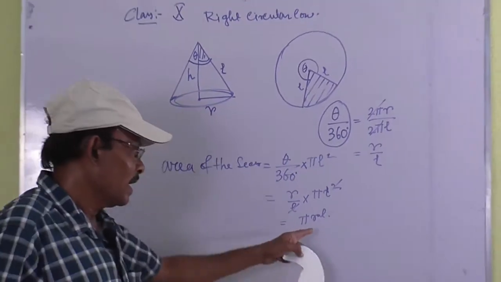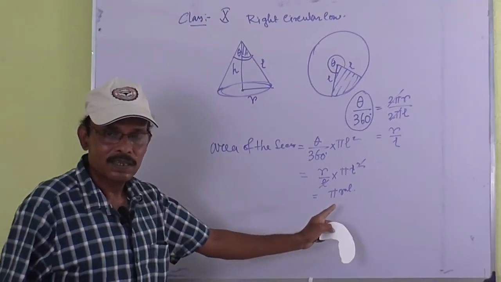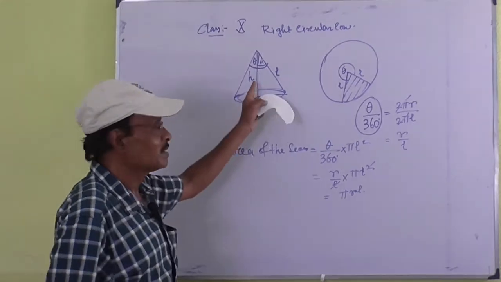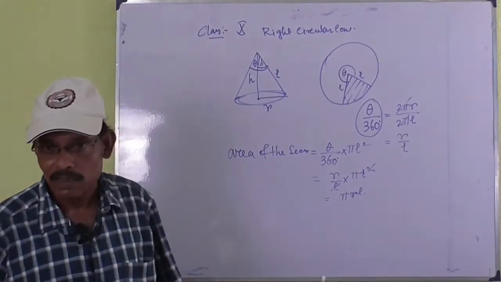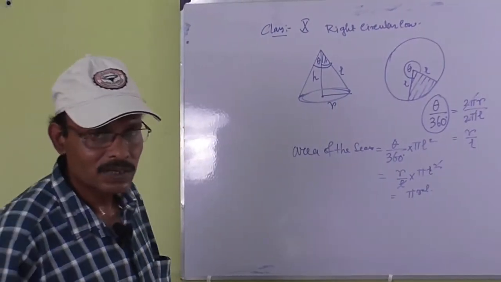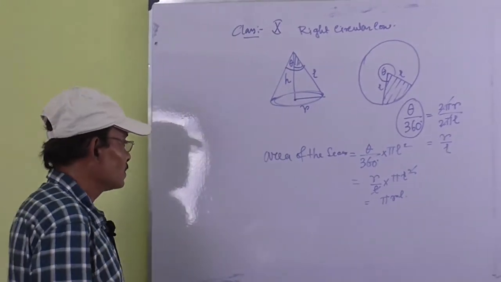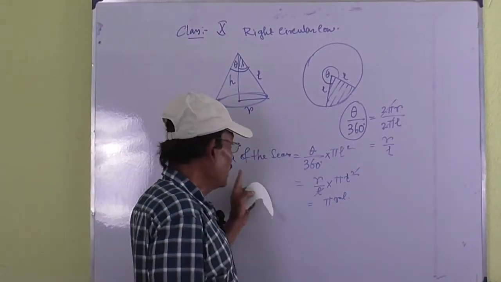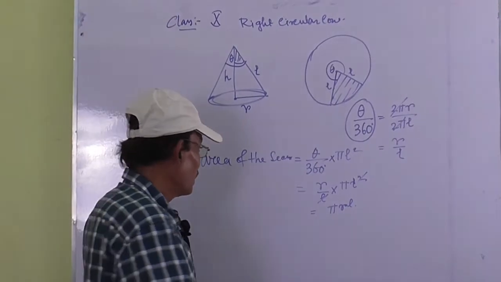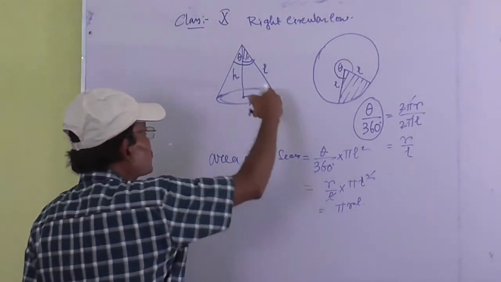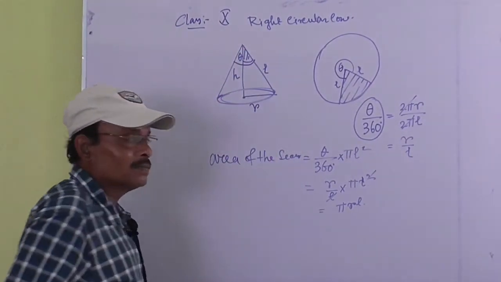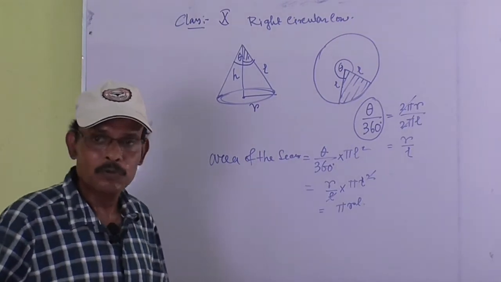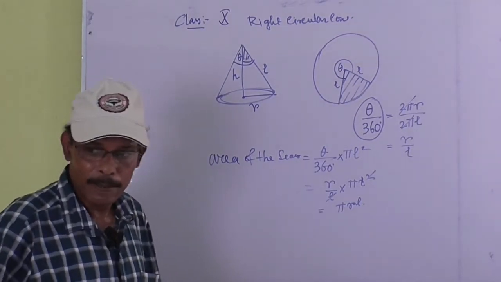This is the area of the surface of the right circular cone. Understand? Now, this area of the surface of the cone can be proved by another method.